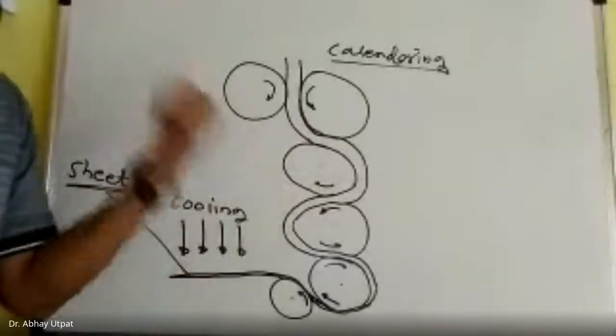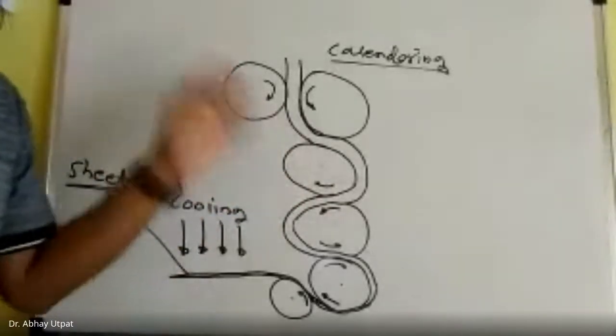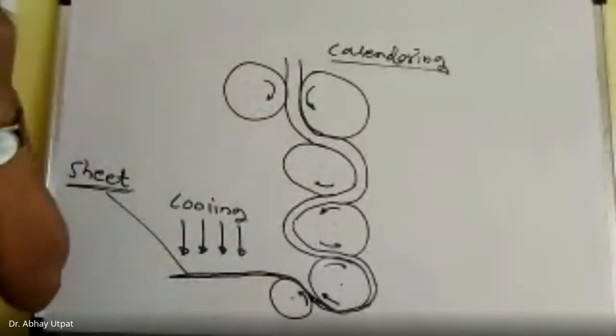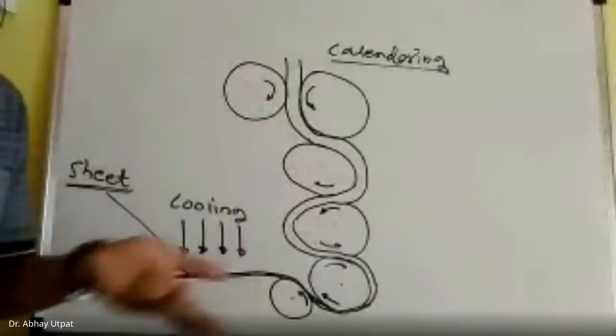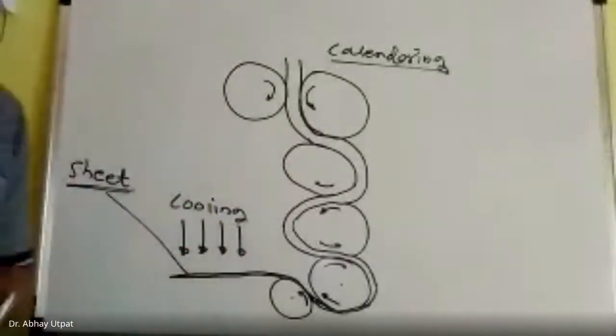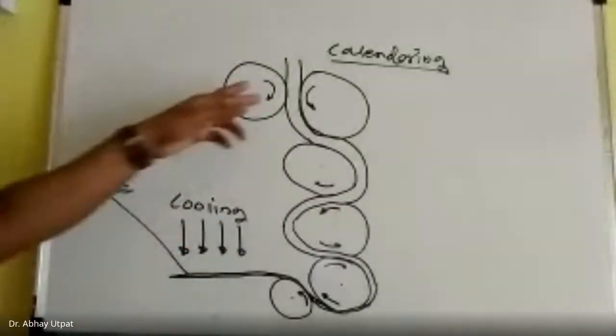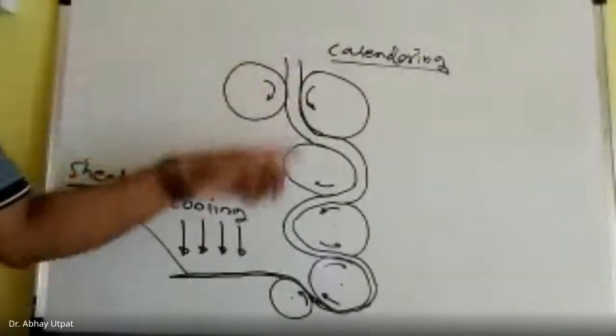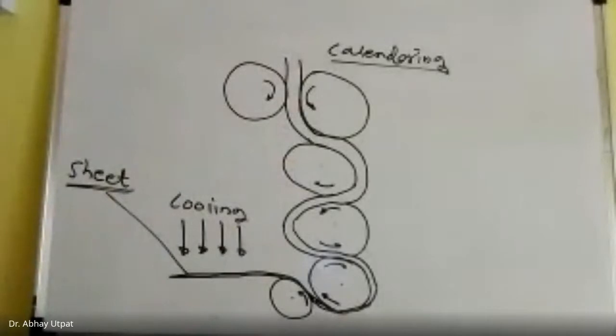This is specially used for thermoplastics. So the calendering process is an expensive process, but if we don't have any other option, we have to select this. The proper distance, temperature, timing and speed of the calendars is arranged as per the requirement. Okay, 1 minute.